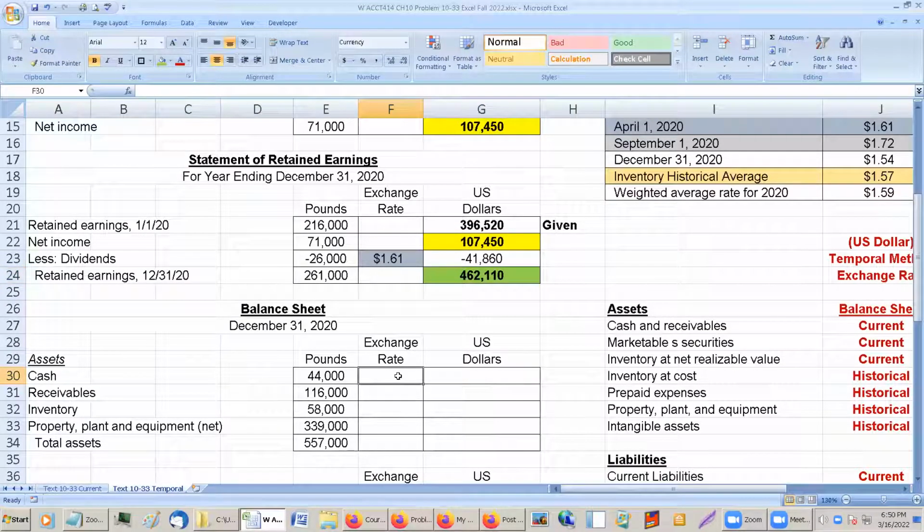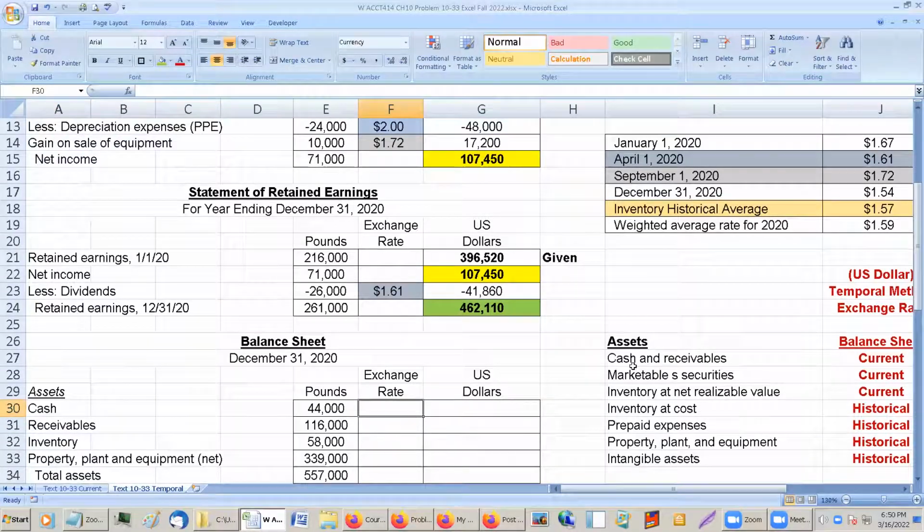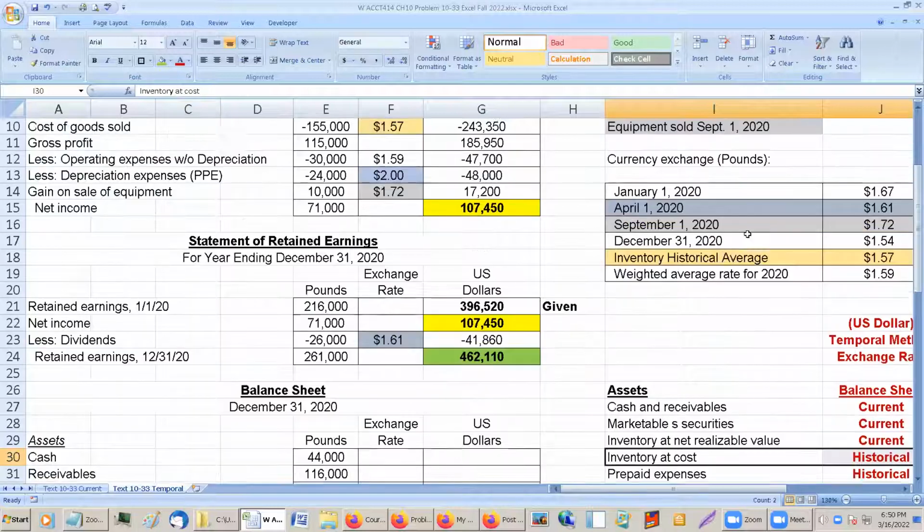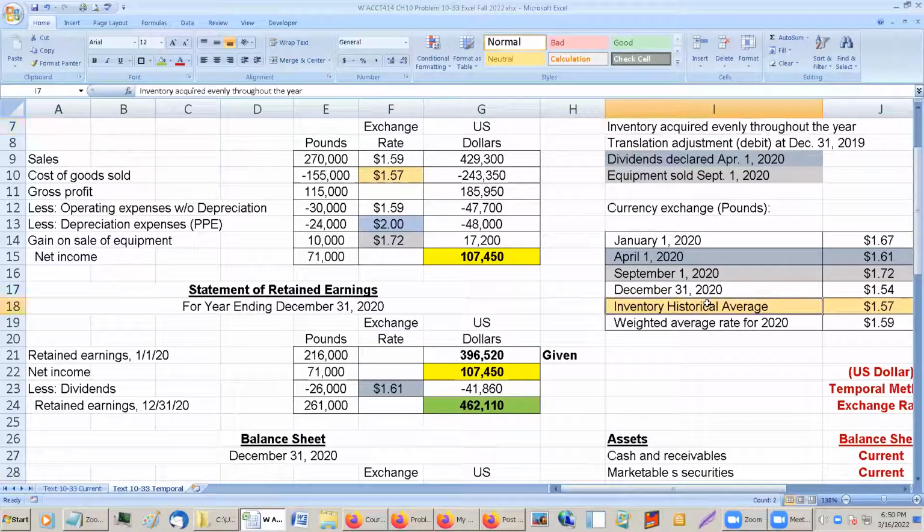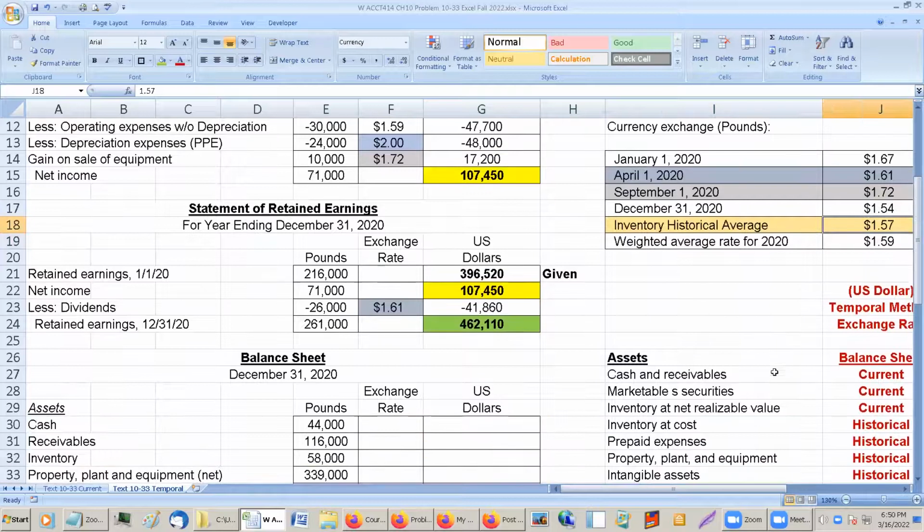Okay, so cash and receivables are going to be at the current rate. We're gonna use the inventory at the historical average just because they told us it was average throughout the year, so we'll use that. But the cash and receivables, if you think about it, the best estimate of what these are gonna be collected at would be the current rate, which is what?